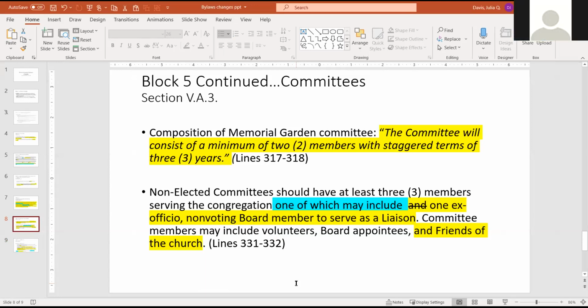That point is the one I thought needed to be addressed: if you want a liaison to the board who attends all the meetings of non-elected committees, then you'll need to think about who's going to be burdened with that.